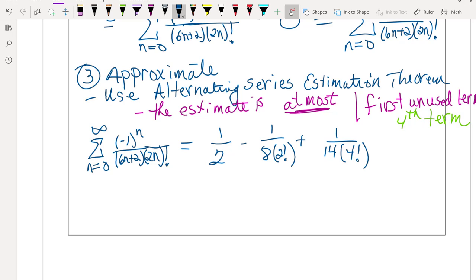And then the term I'm going to use to check my accuracy, I'm going to have 1 over, this is the third, n is 3, so I have 20 times 6 factorial, and I'm good there. So simplifying these, I have 1/2 minus 1/16 plus 1 over 336. Those are the ones I'm going to use.